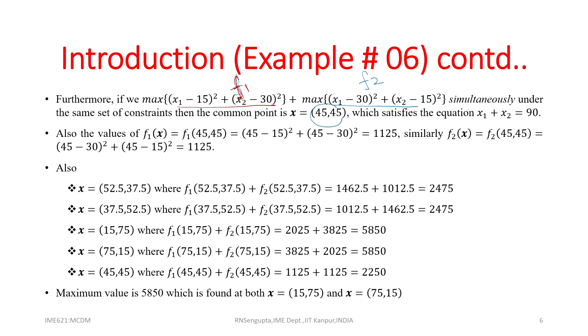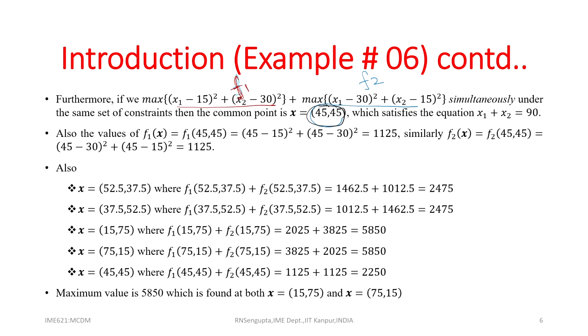If you see, this 45, 45 is a point which will obviously satisfy all the constraints, and will satisfy the combined case such that the combined objective function f 1 plus f 2 is maximized. Now, when optimizing f 1 and f 2 separately, the coordinates are totally different.